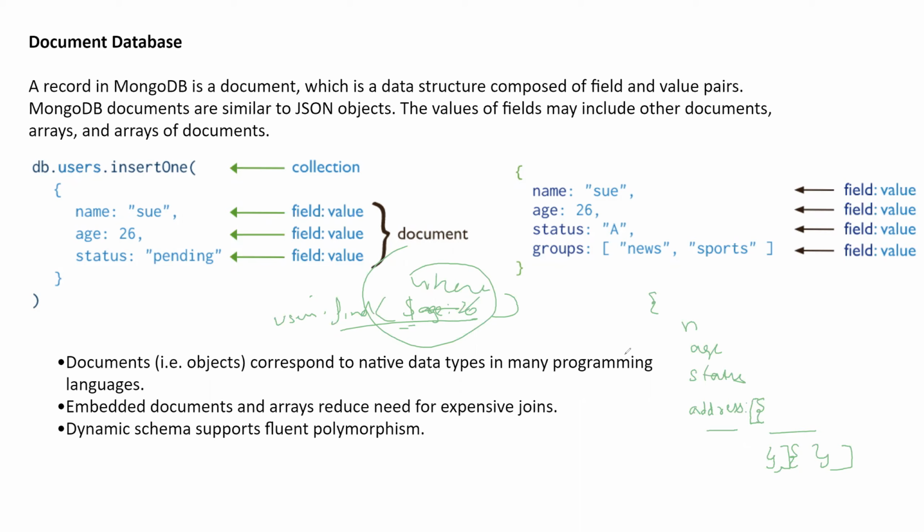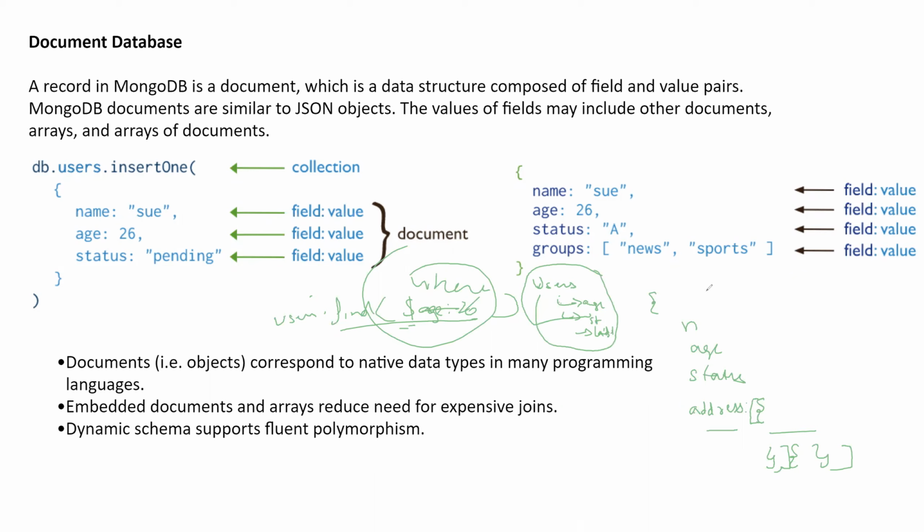For example, in my data structure I have created an object, let's say the users example. I have created users, and it's a nested database, and inside the users I have some fields, as discussed: age, status, and addresses, a list of addresses. So this is one object.